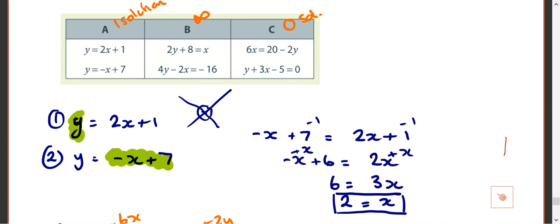Should we just have there 2y plus 8 equals x? Oh yeah, it is. 4y minus 2x is negative 16. Are they basically the same equation? If you subtract x and then multiply by 2, then yes.